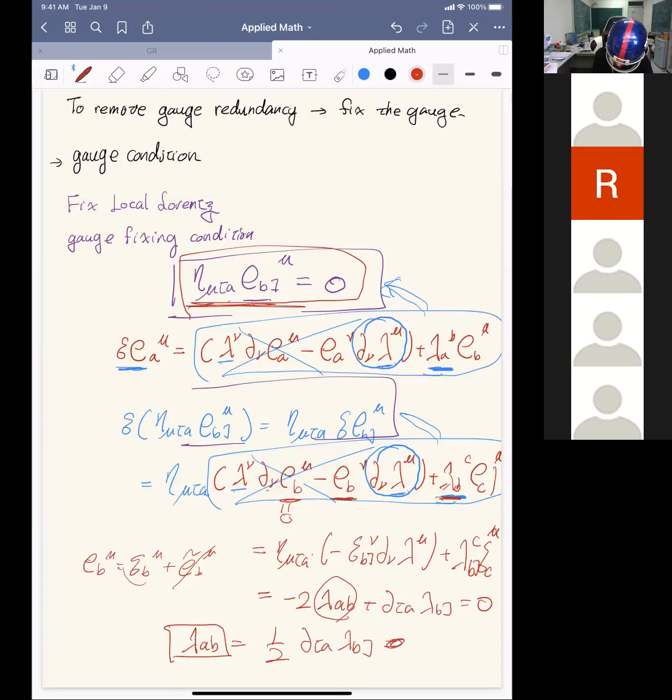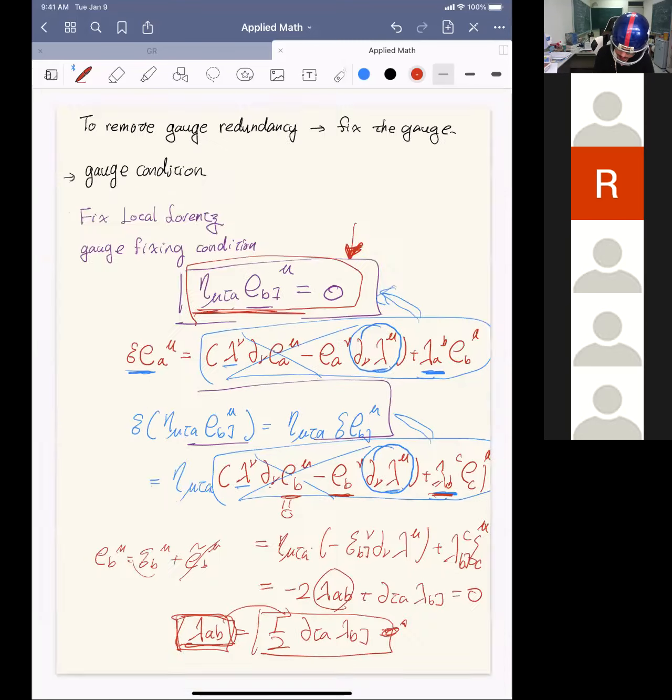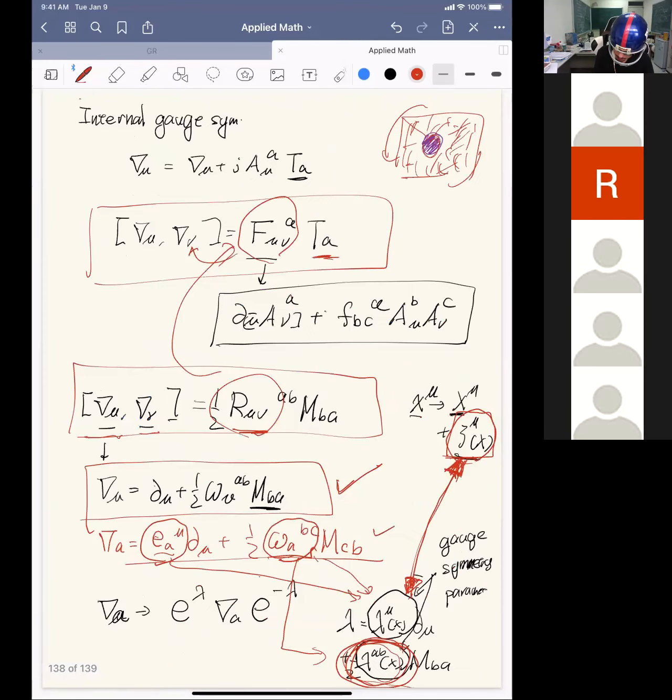So if I impose this gauge condition, my local Lorentz is going to be fixed by the local coordinate transformation. Okay, good. So once again, remember previously we said that we have two gauge fields and two gauge symmetries. Now I've removed the local Lorentz using the gauge fixing, and all I have now is the coordinate transformation.